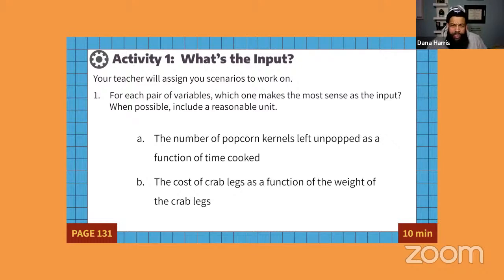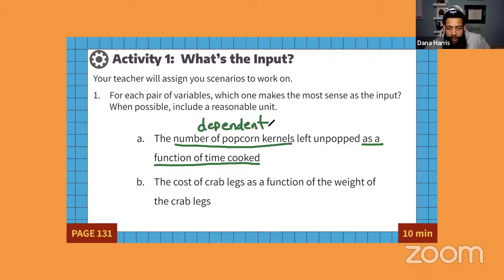Now, when you see this term right here, as a function of, okay? So watch this. Number of popcorn kernels, that is going to be your dependent. I don't like this wide line, so let's make that a little thinner.